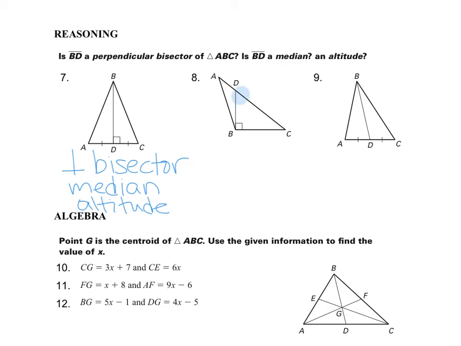So from a vertex to the opposite side, perpendicular would be an altitude, and so this is actually none of them. We're going from a vertex to the midpoint of the opposite side, so that is a median. There's nothing perpendicular there, so it can't be the other two.